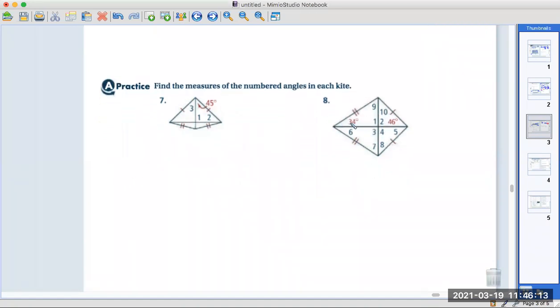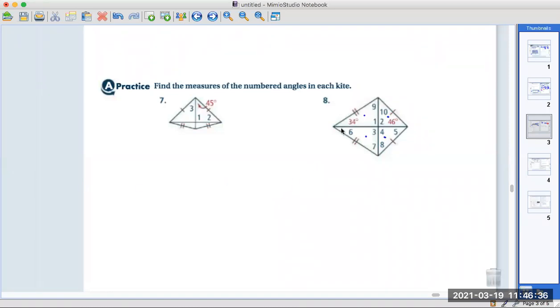So I'm going to start. So notice you have 4 triangles. 1, 2, 3, and 4. So your tool is to say this sum is 180, this sum is 180, this sum is 180, and this sum is 180.